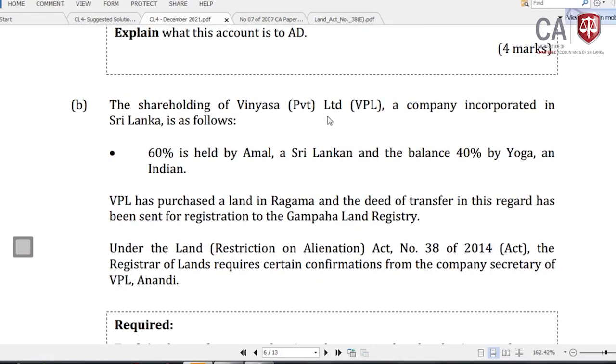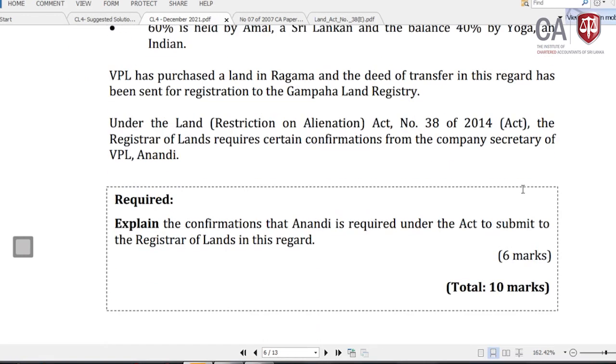The shareholding of Vinyasa Private Limited, known as VPL, a company incorporated in Sri Lanka, is as follows. 60% is held by Amal, a Sri Lankan, and the balance 40% by Yoga, an Indian. VPL has purchased a land in Ragama, and the deed of transfer in this regard has been sent for registration to the Gampaha Land Registry.